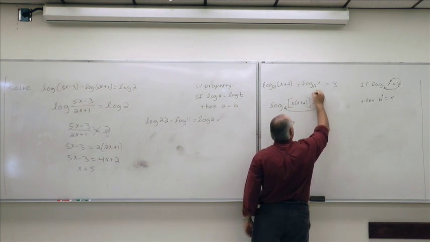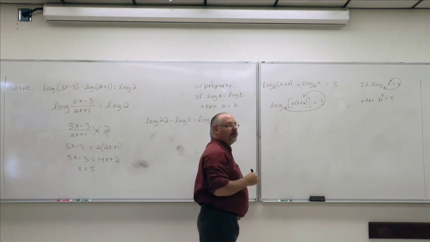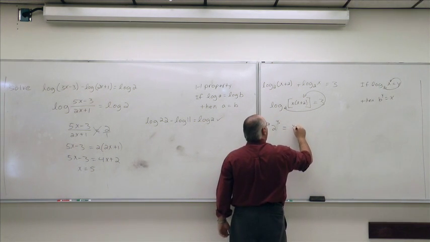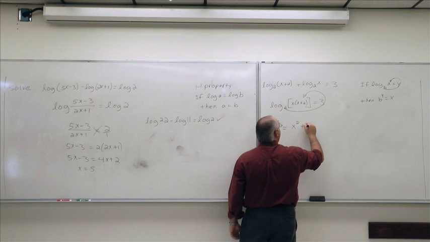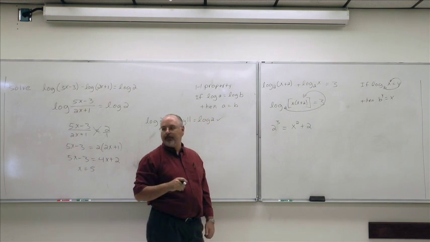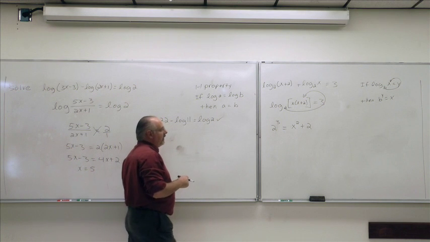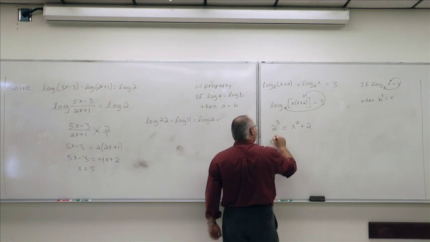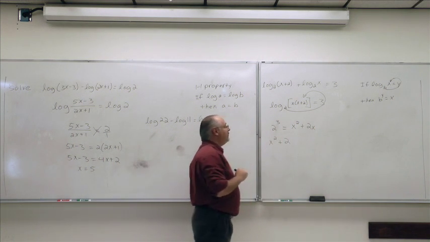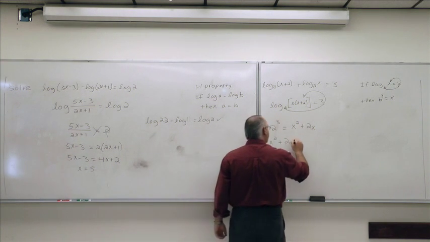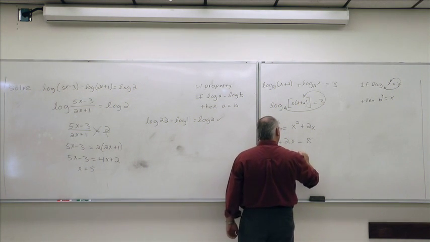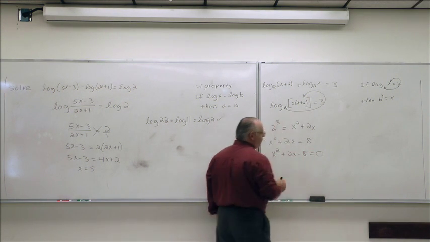So now I convert into an exponential. I get 2 to the third equals, and I'm going to multiply here, x squared plus 2x. Just go ahead and distribute that. Sorry about that, this is 2x. x squared plus 2x equals 8, or x squared plus 2x minus 8 equals 0.